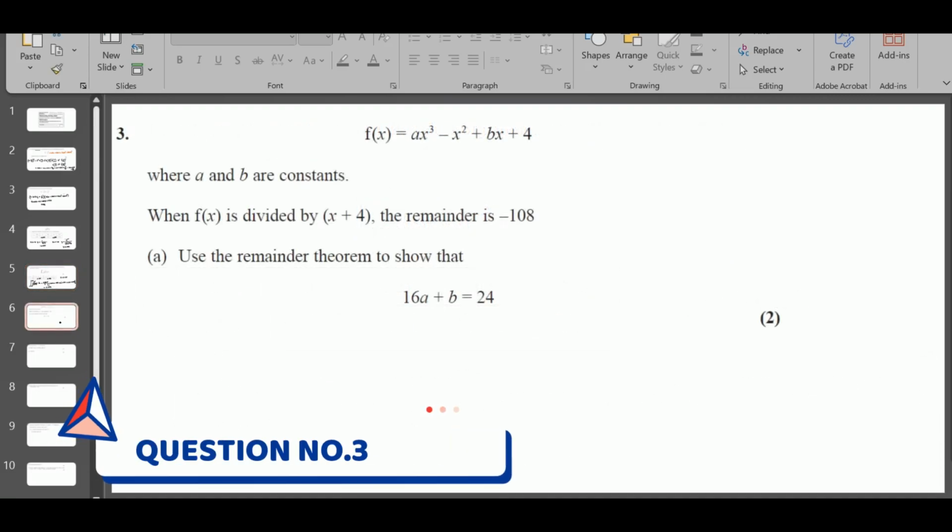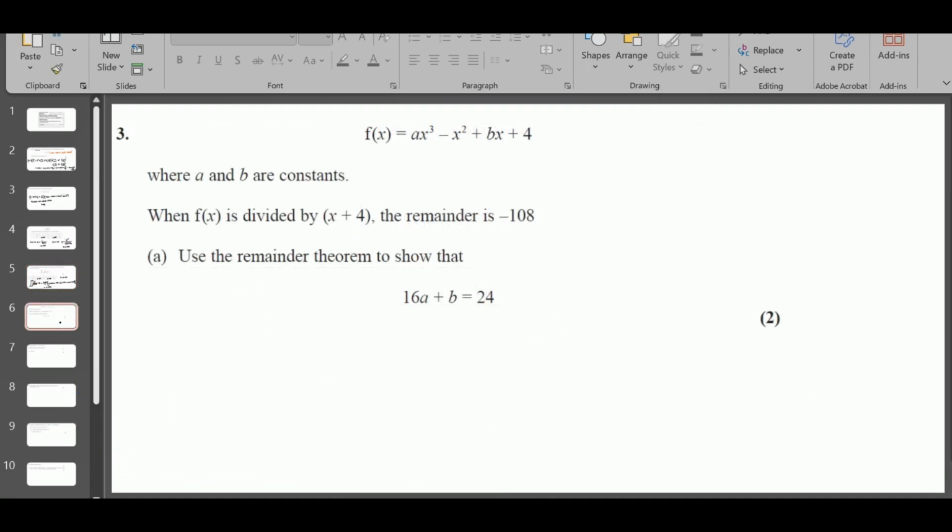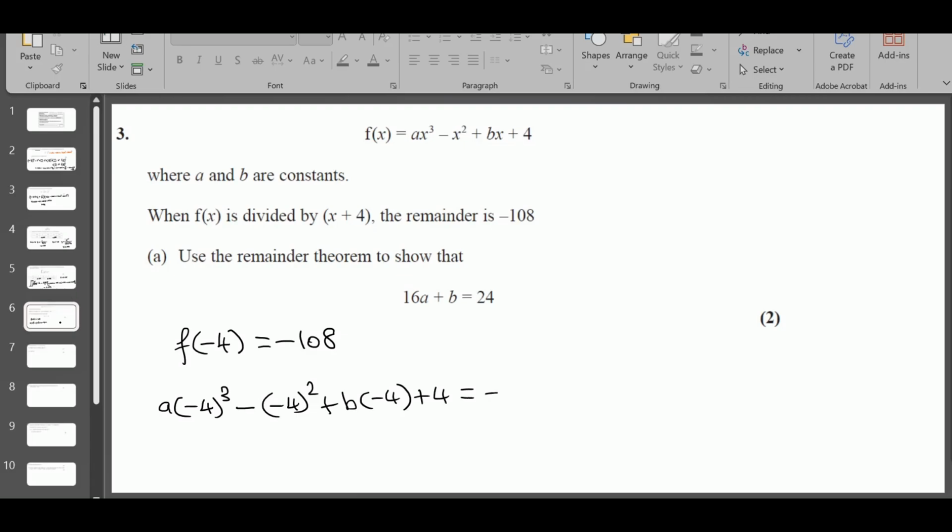Question number 3. We have a function given, f of x, divided by x plus 4, and the remainder is this. If it's divided by x plus 4, if you replace x by minus 4 in the function, you should get this. So ax cube minus x square plus bx plus 4 is minus 108.